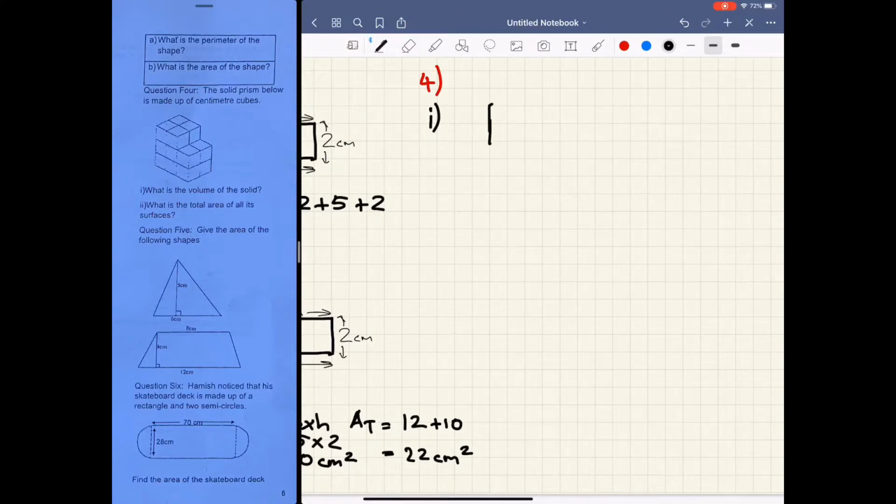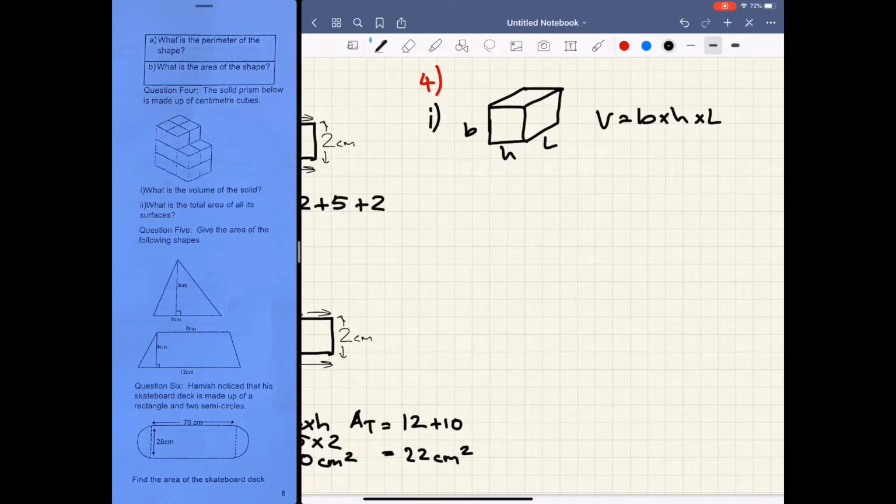So that's our cube. Volume equals base times height times length. So base times height and then multiply it by the length. So that's the volume.